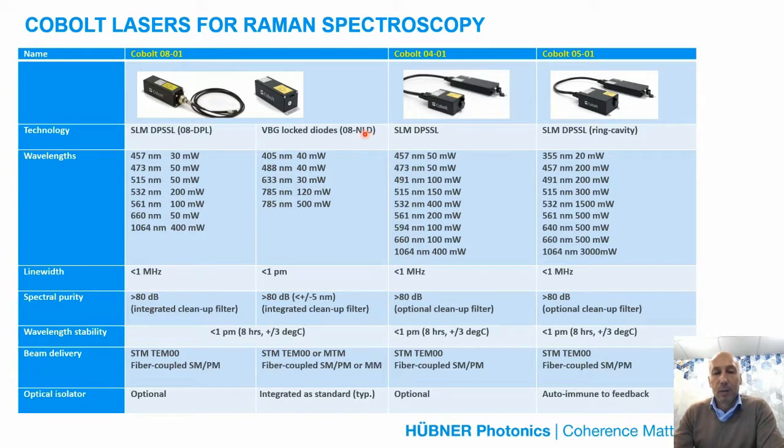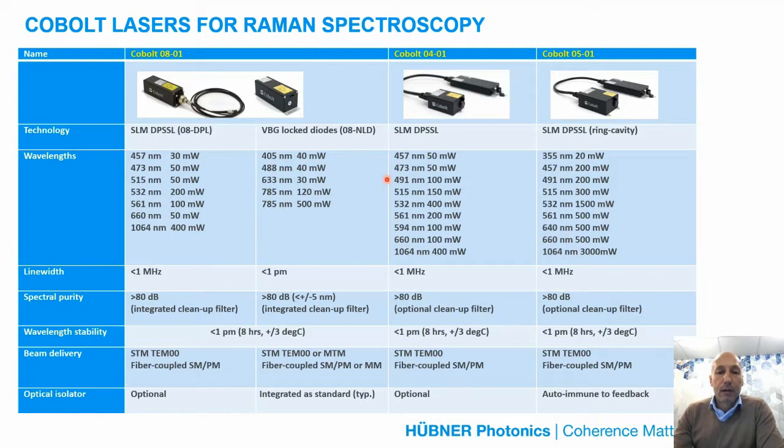With the diode pumped solid state lasers, we are covering wavelengths from 355 in the UV over most wavelengths in the visible, from 450 in the blue over green, yellow, red, up to 1064 in the near infrared, with up to several hundred milliwatts of output power, or even more than a watt of output power in the 0501 series.